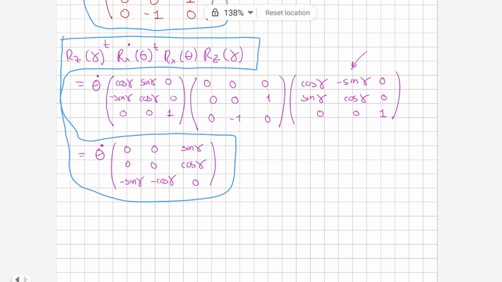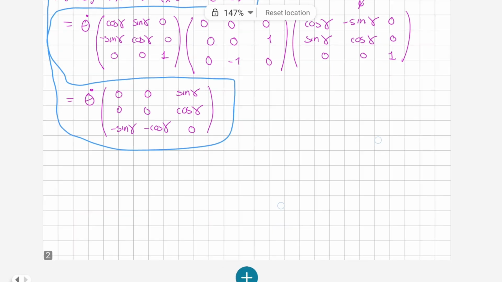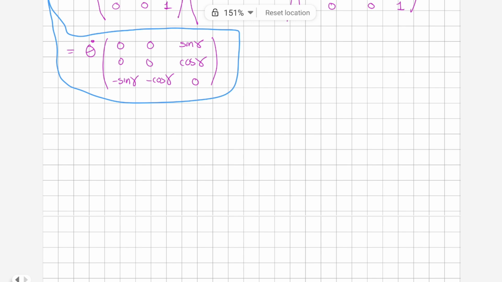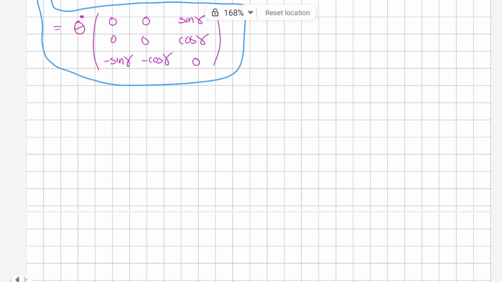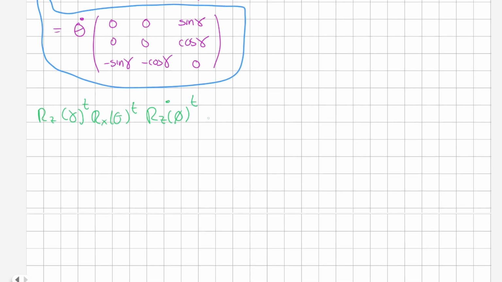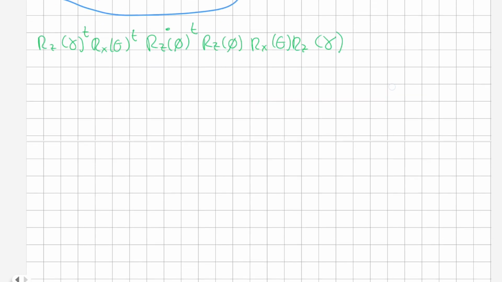Okay, so we need to keep making calculations of products of matrices. What is the next calculation is the last one, the last piece, which is the longest piece, the one that is, remember, Rz gamma transpose, Rx of theta transpose, Rz of phi dot transpose, Rz of phi, Rx theta, Rz gamma.